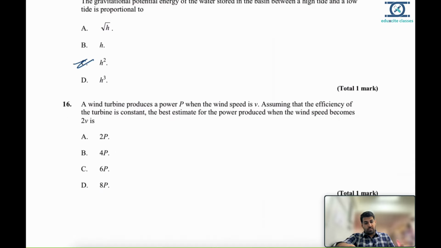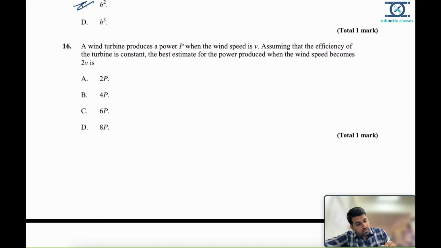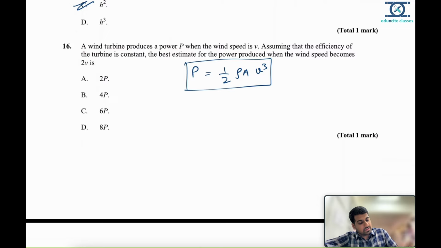Okay, now question number 16. The wind turbine power is P. This is directly based on your formula, power is half rho A v cube, right? And how we get this is another way: kinetic energy is again half mv square, right?